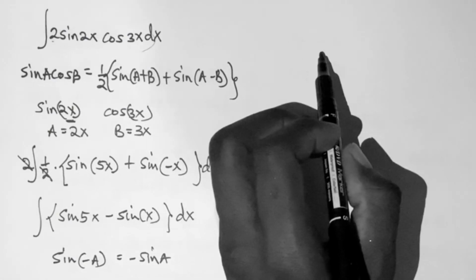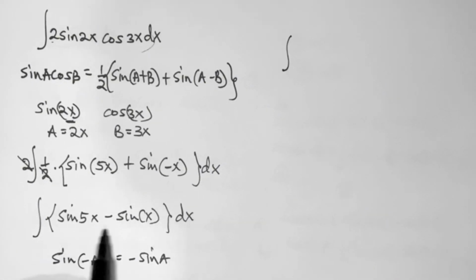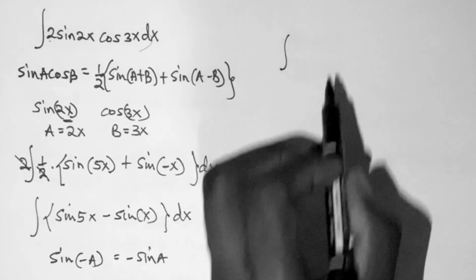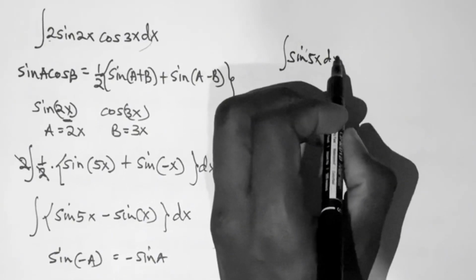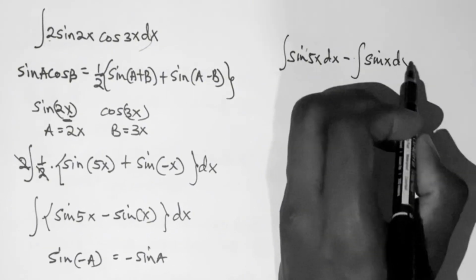So let me continue from here. So the integral becomes, we want to use the properties of integrals to break this integral into two. So it becomes integral of sine 5x dx, then minus integral of sine x dx.